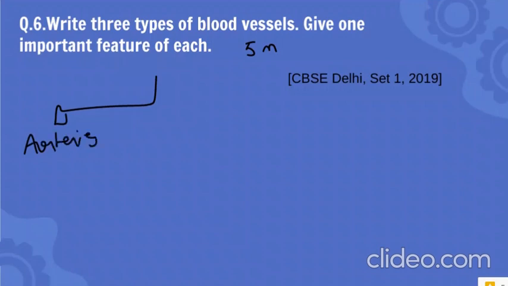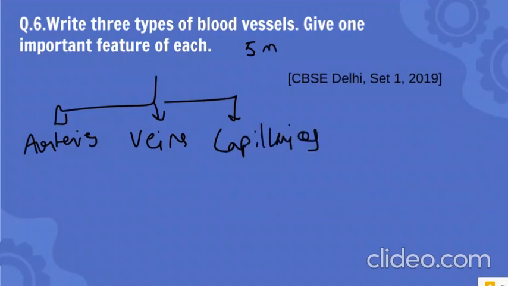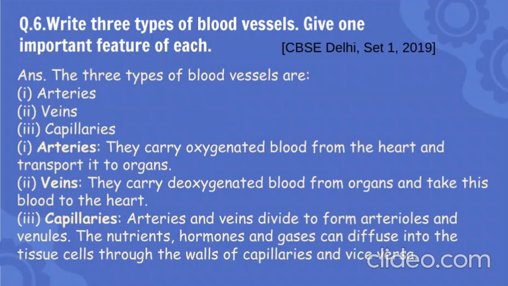Then we have veins, and the last one is capillaries, correct? So how will you write? You will write that there are 3 types of blood vessels: arteries, veins, capillaries. 1 mark you will get here. And then for 4 marks you will write this entire answer.